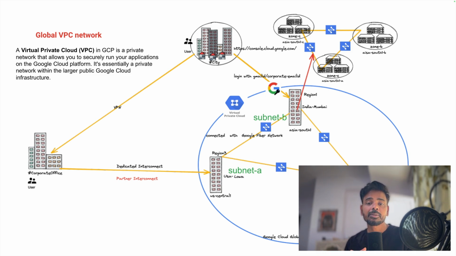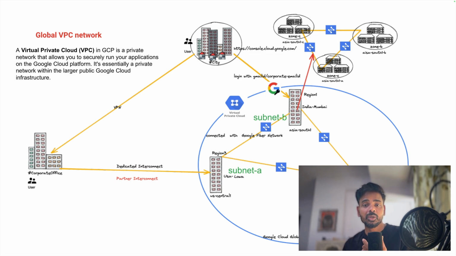So IP range means the IP address is required. The certain IP range you need to define like class A IP, class B IP, class C IP based on your business volume. Then you need to define the IP range when you are going to create a subnetwork.